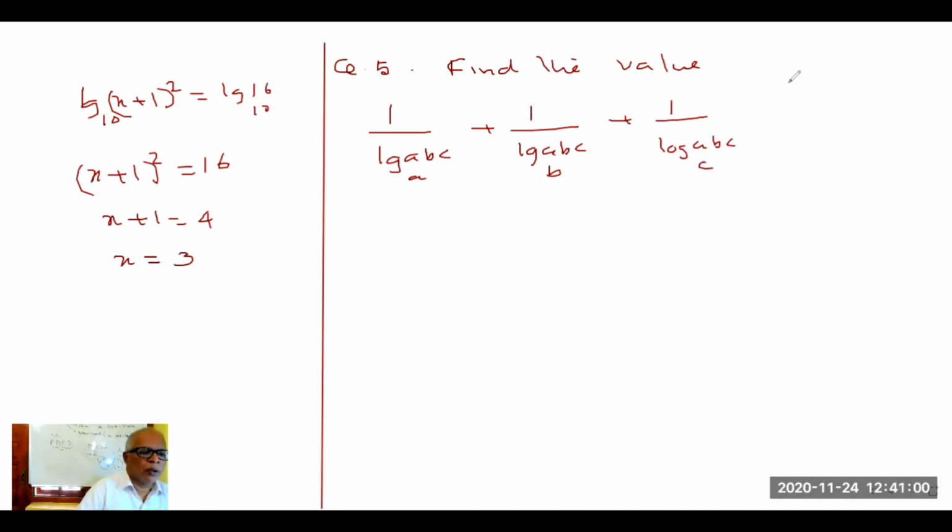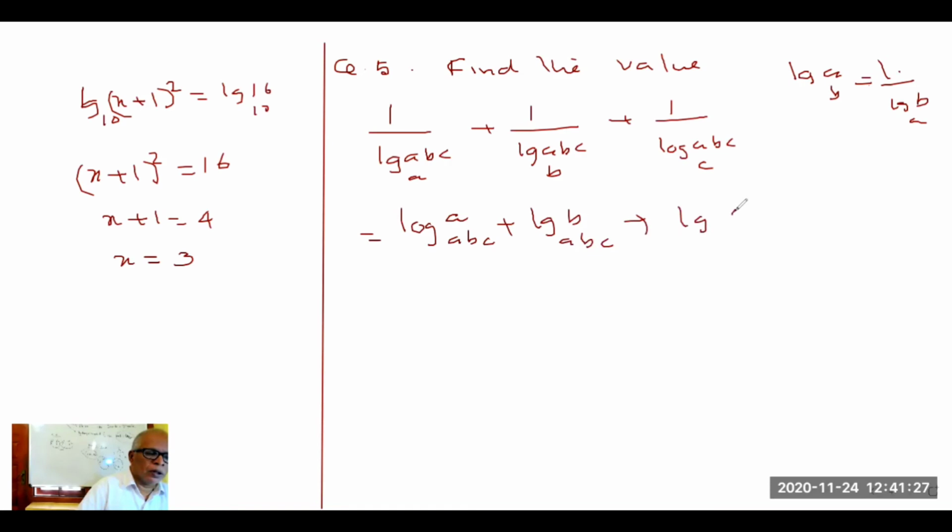So we know 1 by log a to the base b is equal to 1 by log b to the base a. So it becomes logarithm of a to the base abc plus logarithm of b to the base abc plus logarithm of c to the base abc.